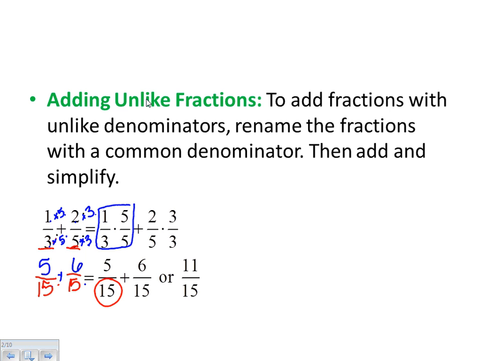And we're adding. So we come here, and this is actually written for us right here: 5 over 15 plus 6 over 15. Now that we have common denominators, like we did before, we can just go ahead and add our numerators. So 5 plus 6 gives us 11, and we keep our denominator at 15.